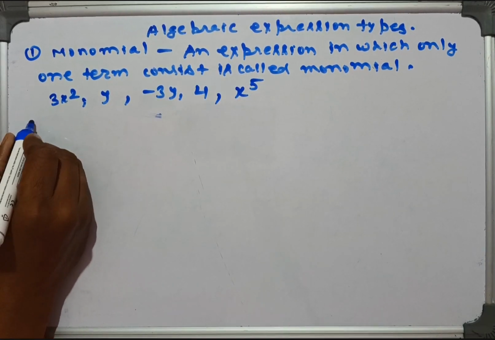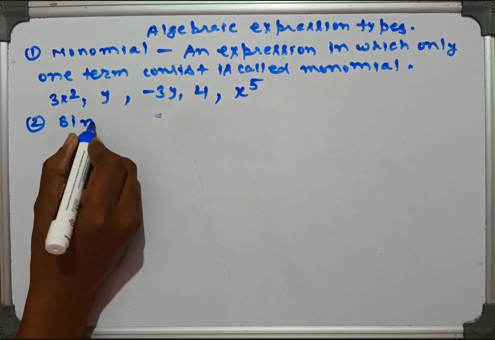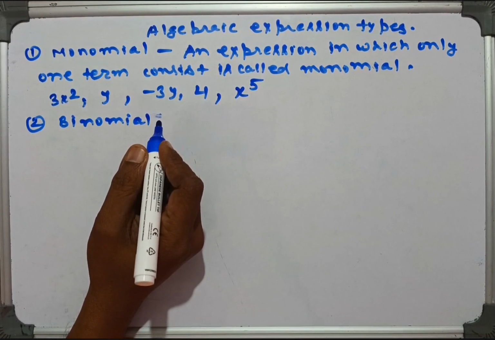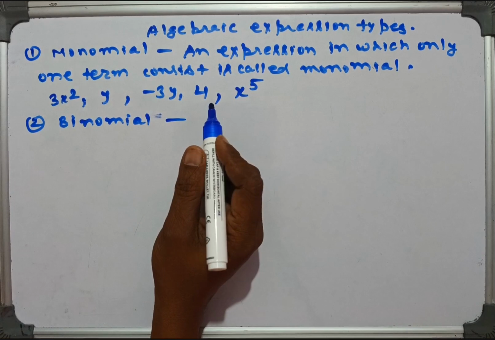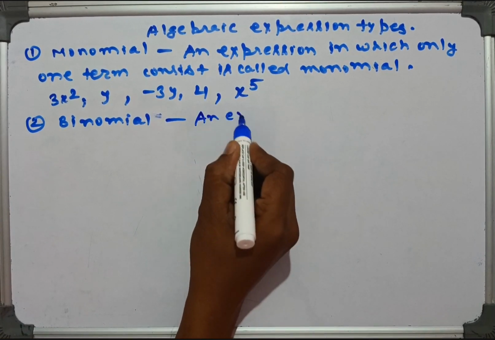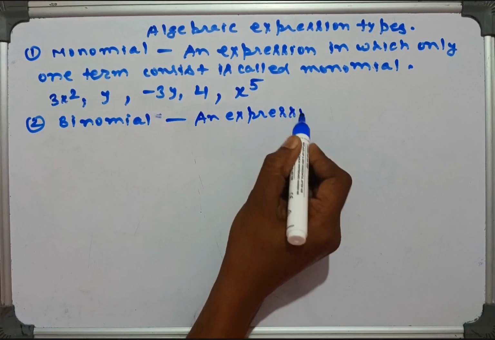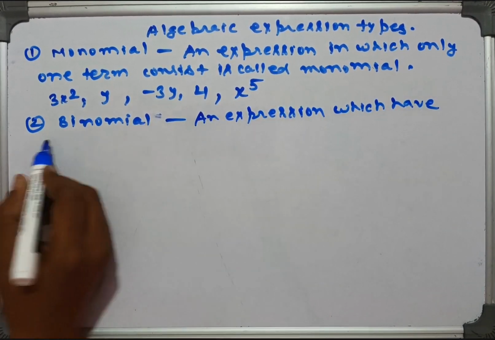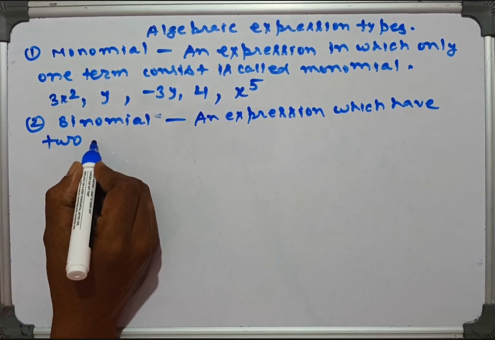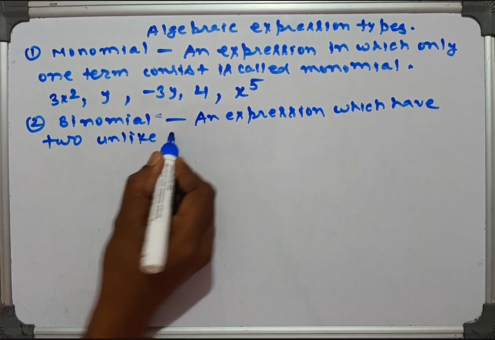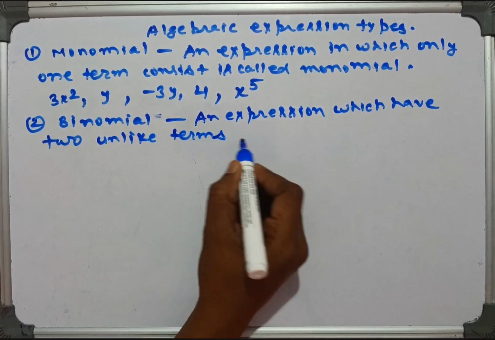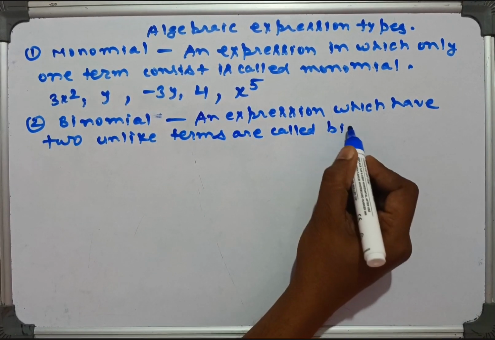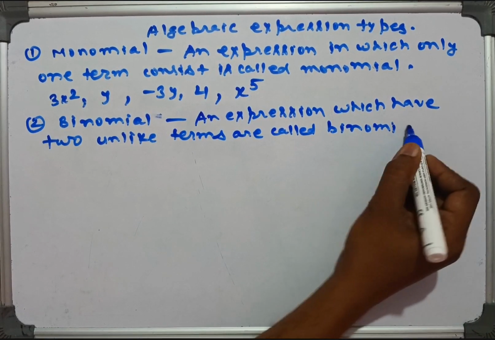Okay guys, now second one is binomial. So what will be the definition? An expression which has two unlike terms is called binomial.